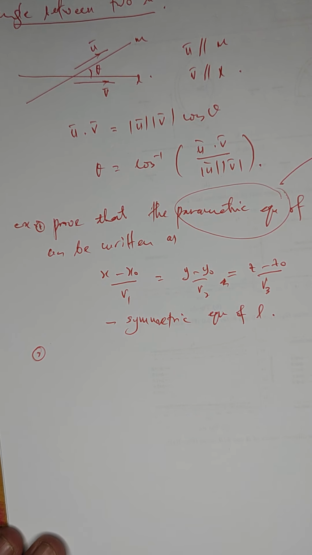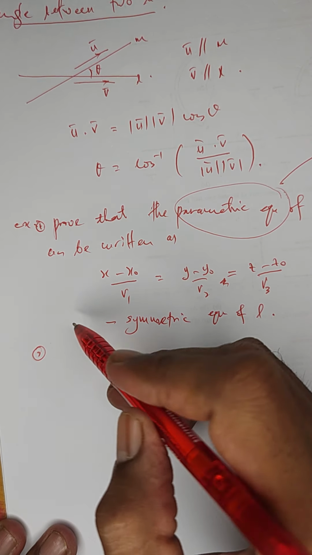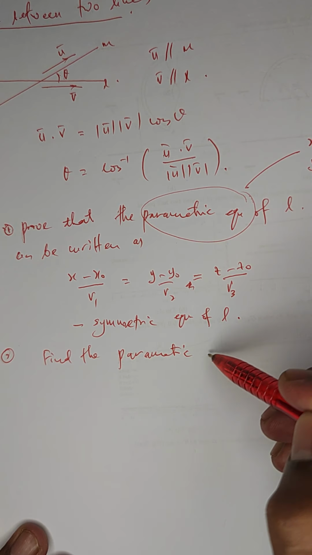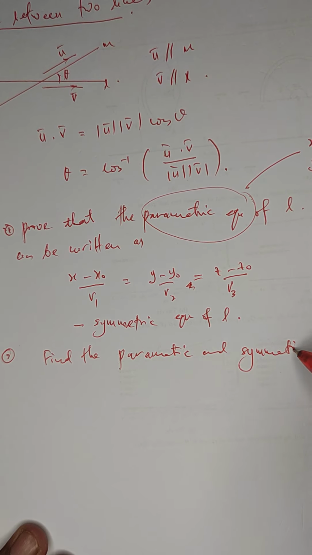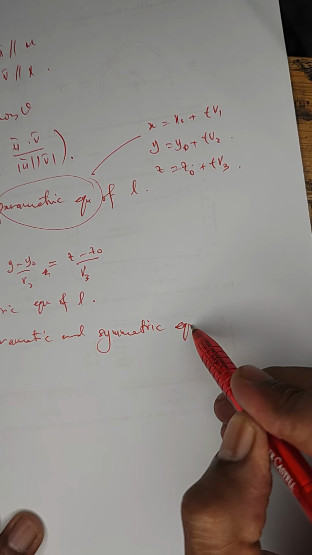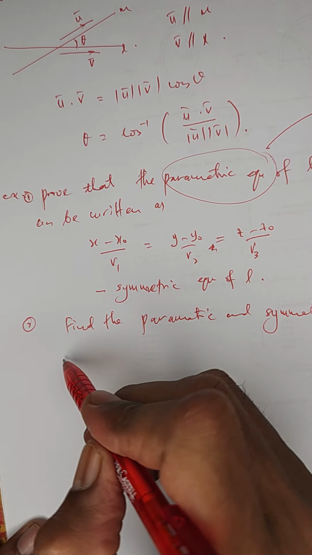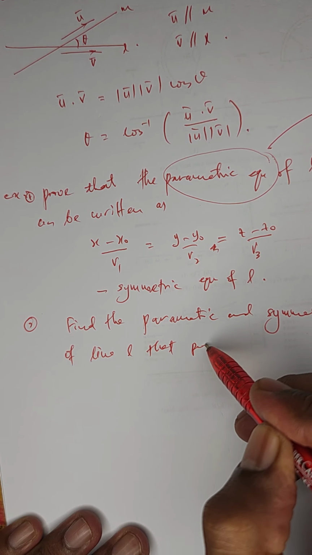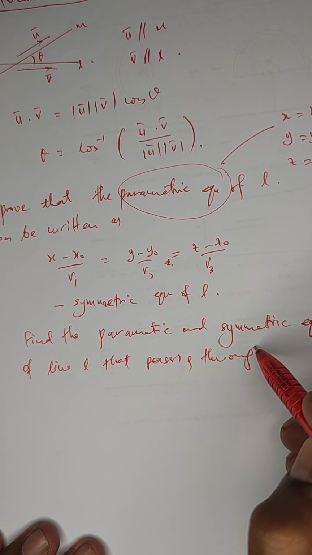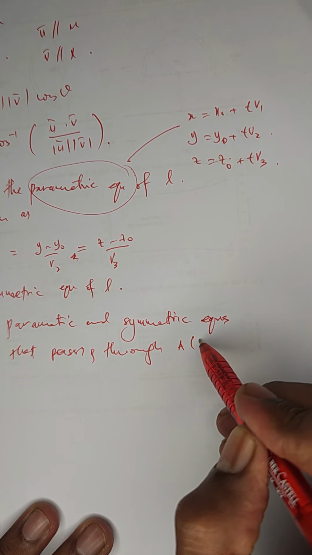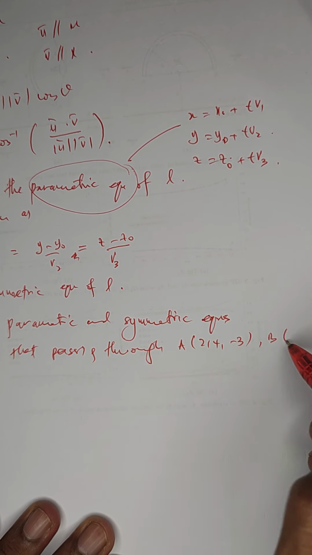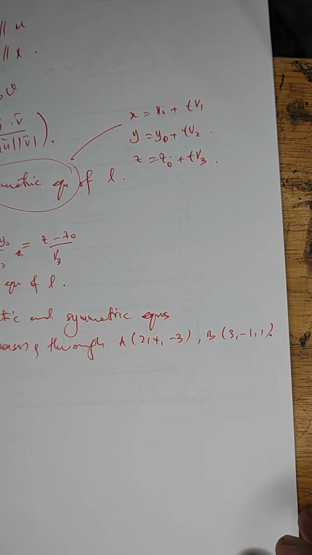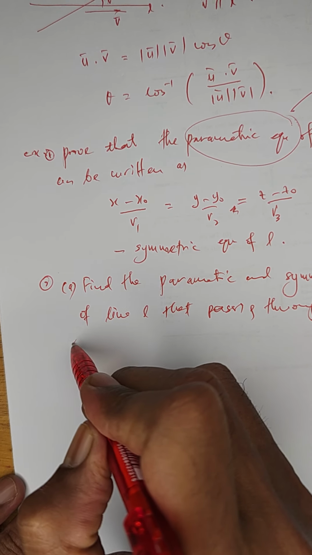Find the parametric and symmetric equation of line L that passes through the points, let's say A (2, 4, -3) and B (3, -1, 1). Let's call this part A, and part B.